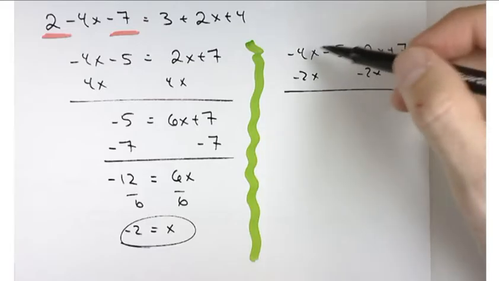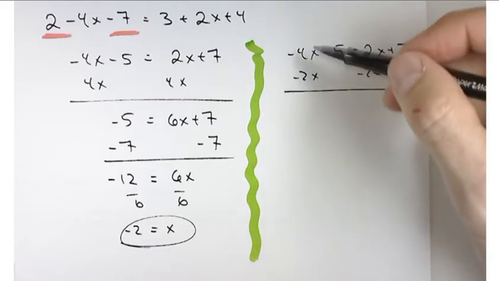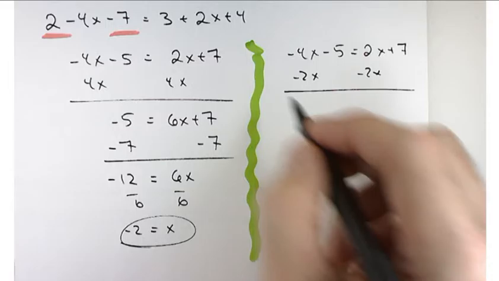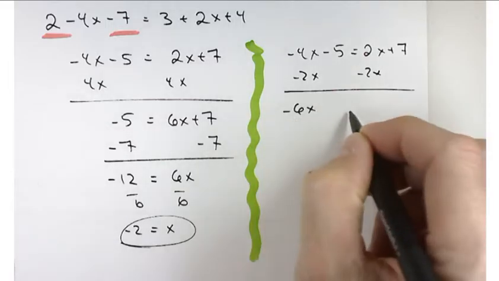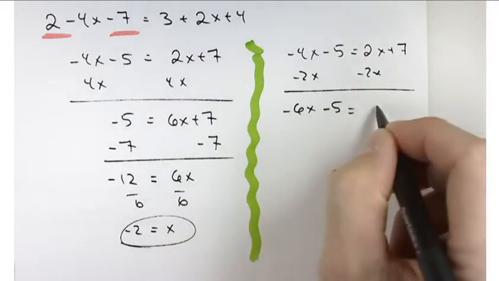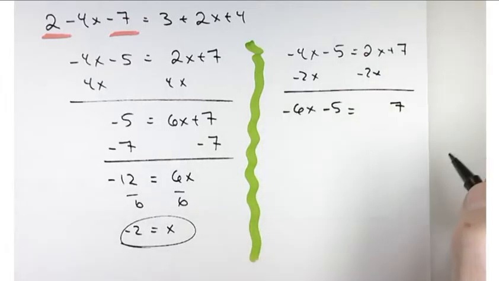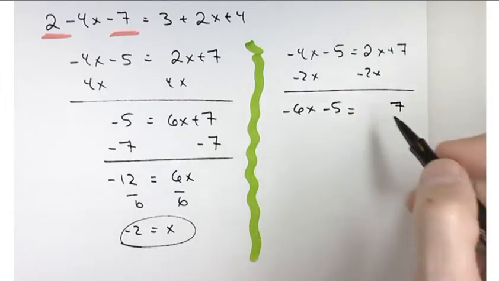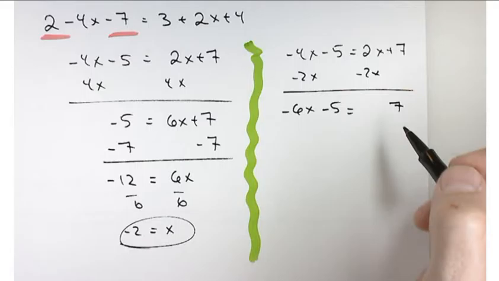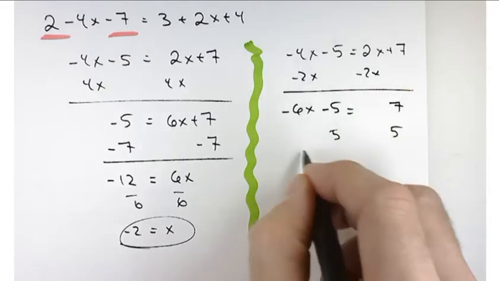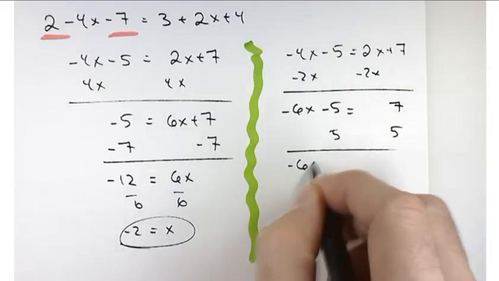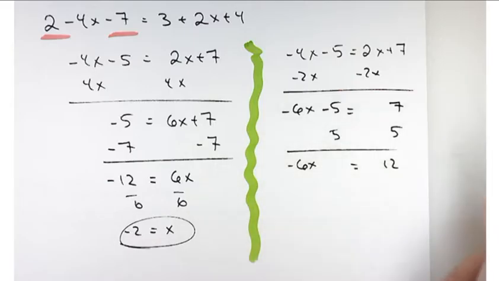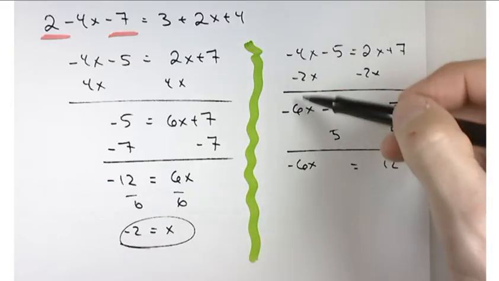But people are going to make more mistakes with the negative numbers than they will with the positive numbers. So hopefully you're going to get negative 6x minus 5 equals 7. Great. Then add 5 to both sides. Negative 6x equals 12. And if you get this okay, you'll probably be all right.